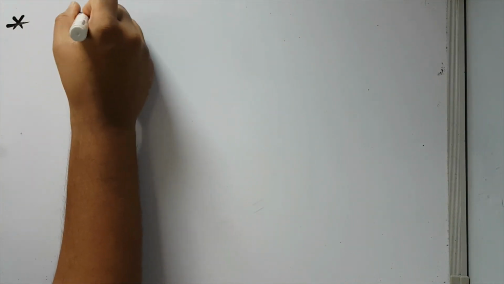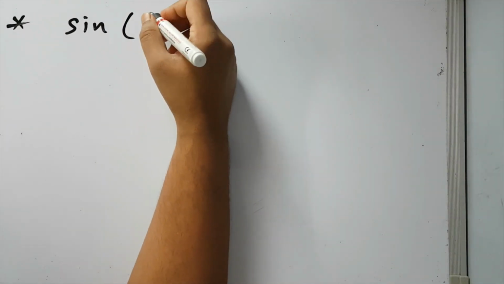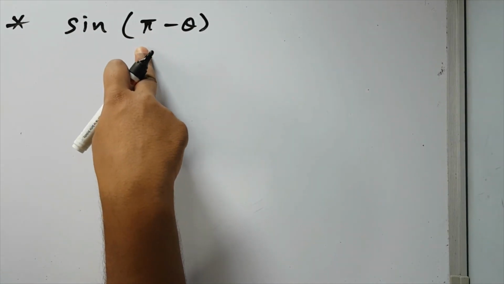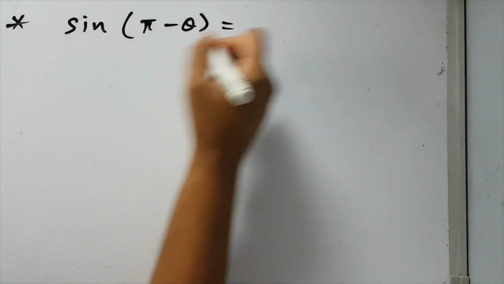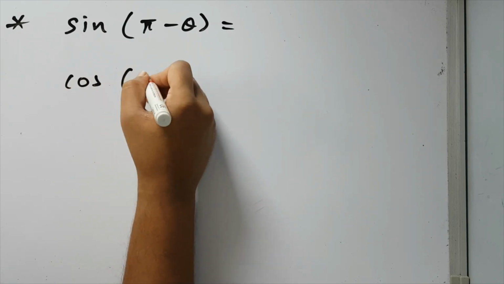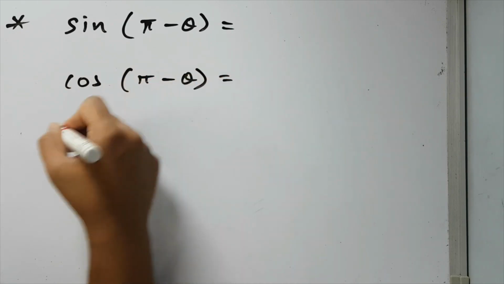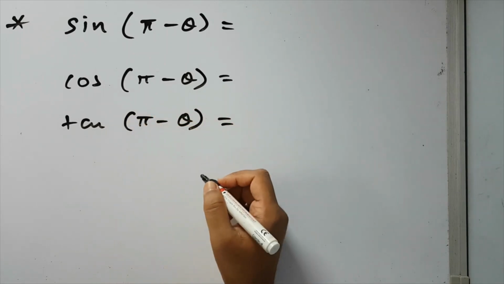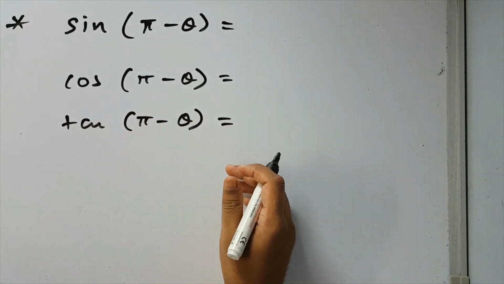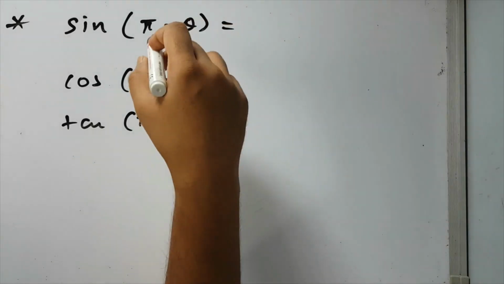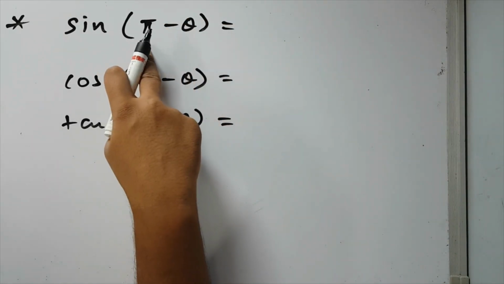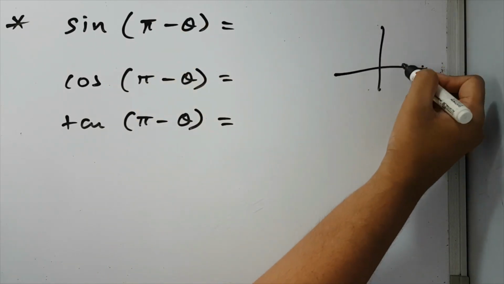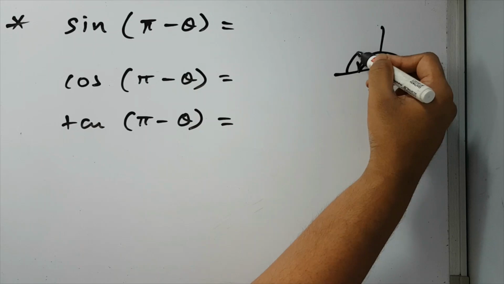Now similarly, what would be sine of pi minus theta? Pi is 180 degrees. Pi minus theta, cos of pi minus theta, tan of pi minus theta, what would be their values? First identify the quadrant. Pi minus theta is in the second quadrant: you rotate 180 degrees and then come back by theta.